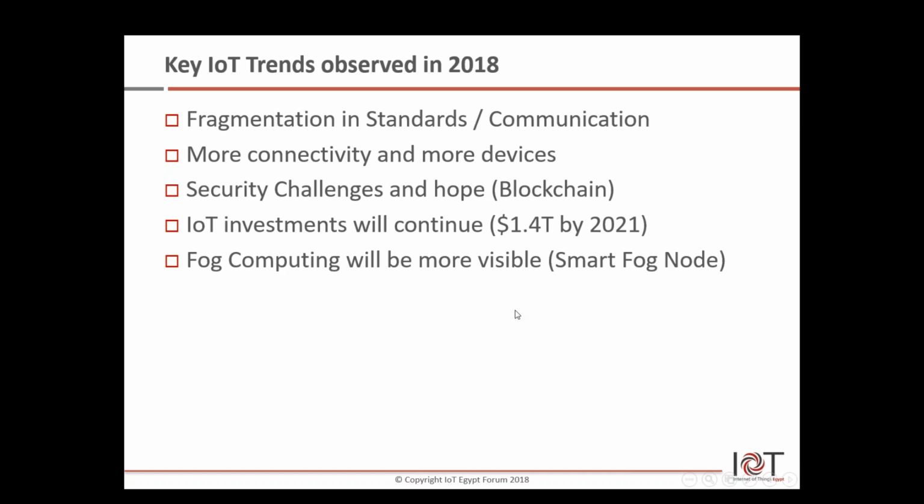Fog computing is mainly about smart fog nodes. Fog computing allows computing, decision making, and action taking to happen via the IoT devices themselves. So if the IoT devices are smart and equipped with the needed processing power, then we can call them smart fog nodes.